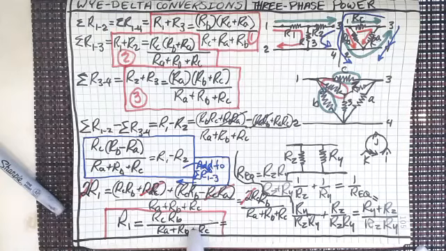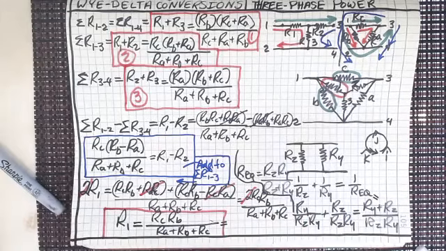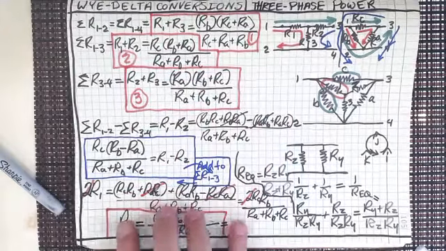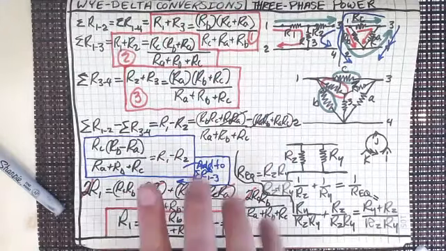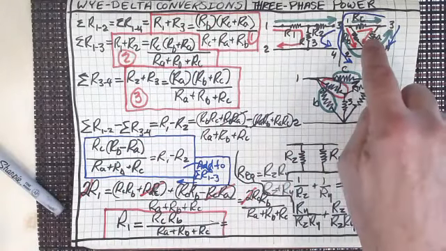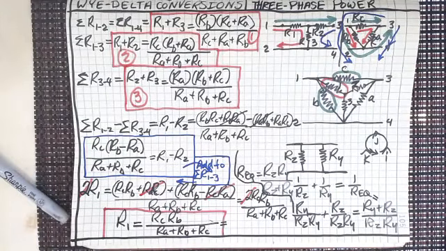You can always just substitute this back in for R1, and of course then you'd find R2 is going to be like I said, and R3 is going to be like I said too. So I'm not going to do the derivation. I'm only going to do this derivation once, but everybody can use this to figure out what R2 and R3 are in terms of the delta resistors. Okay, does everyone see how that works? Yeah, great.